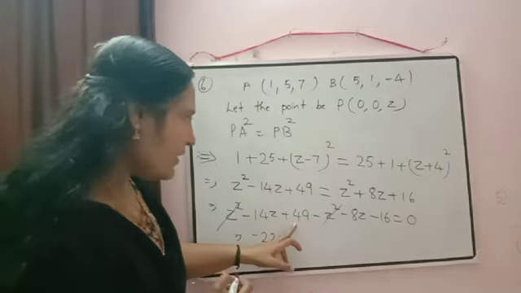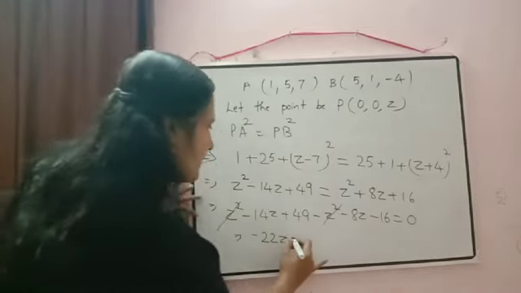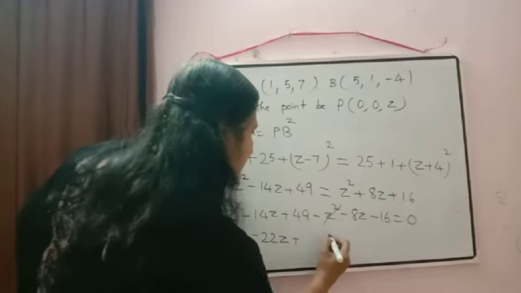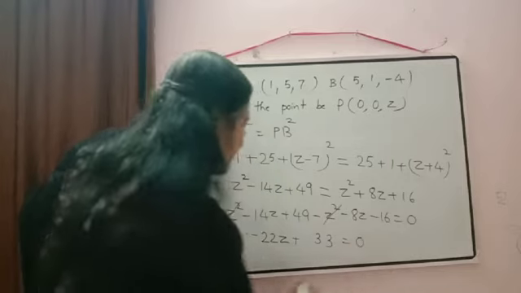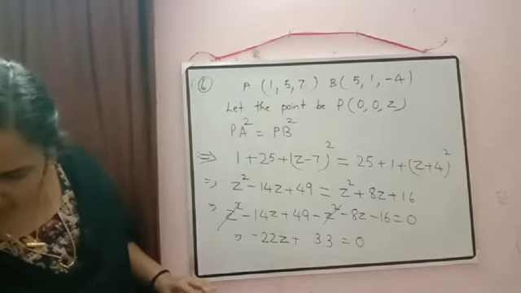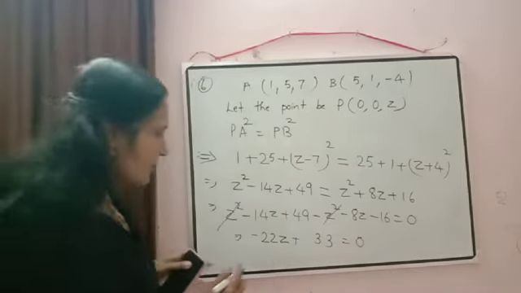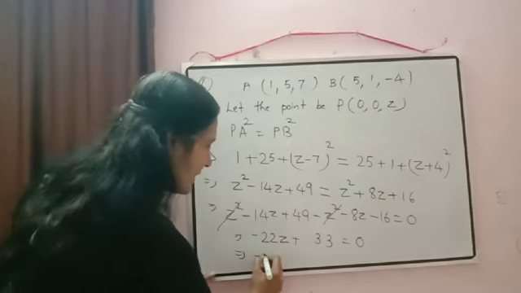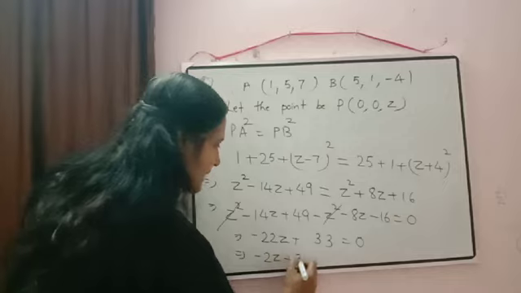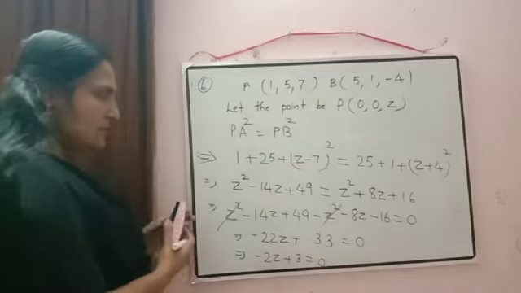Correct? Then 49 minus 16. 9 minus 6, 3. 4 minus 1, 3. Is equal to 0. So minus 22z plus 33 is equal to 0. Divisible by 11, so we can cancel it. Then we will get here minus 2z plus 3 is equal to 0.